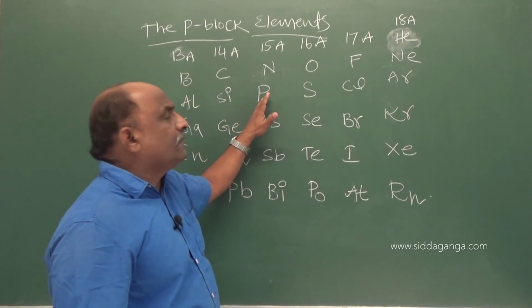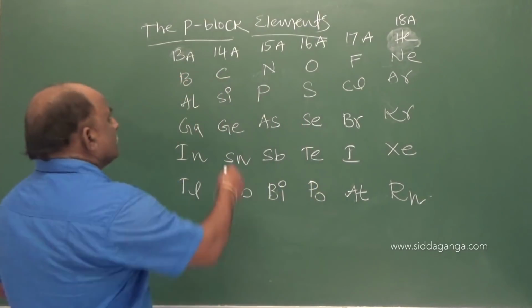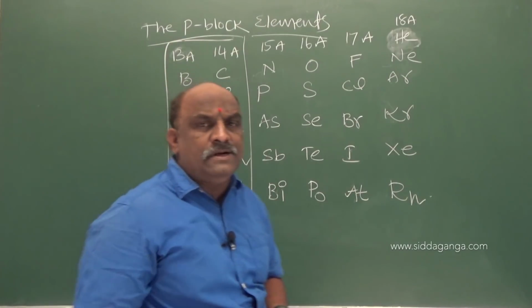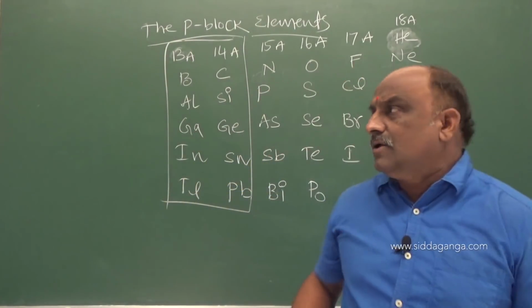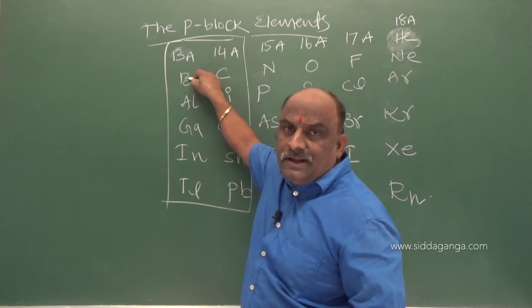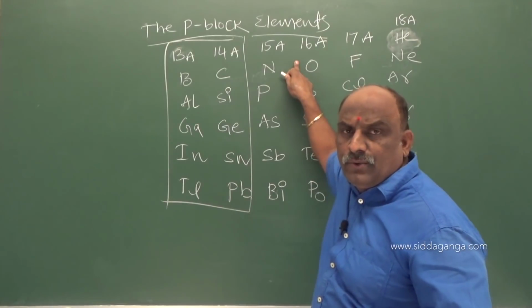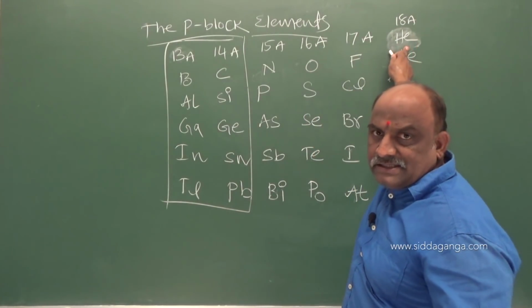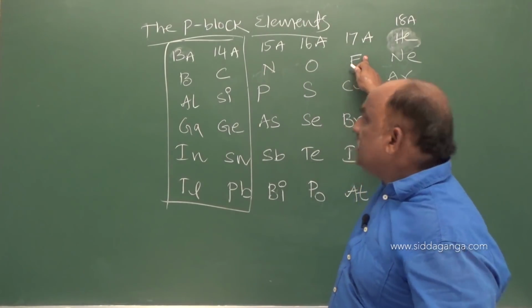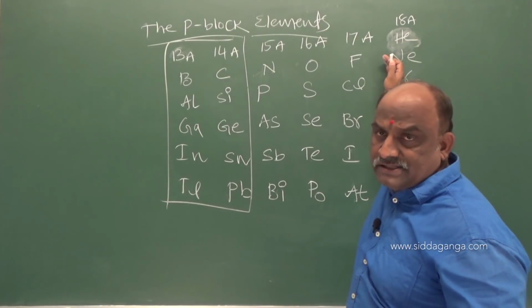Already in 11th class, that is first PUC, we learned about the 13th A group and 14th A group elements, the boron family and carbon family. The rest of the groups, from nitrogen to noble gases, are the nitrogen family, oxygen family, fluorine family and helium family. The helium family is nothing but the noble gases.